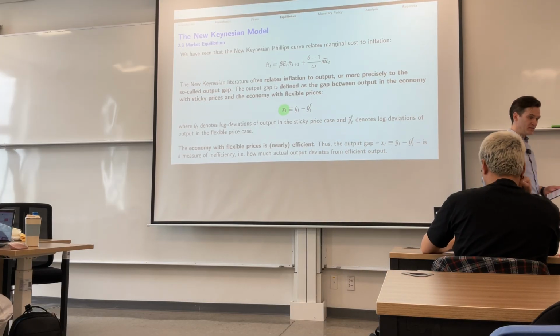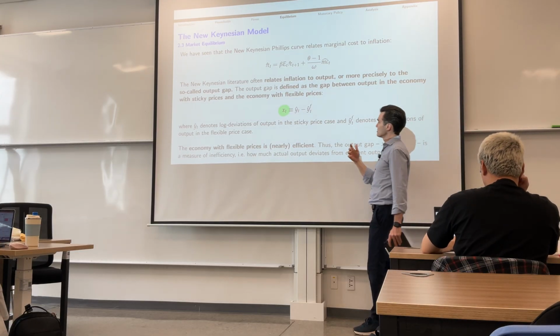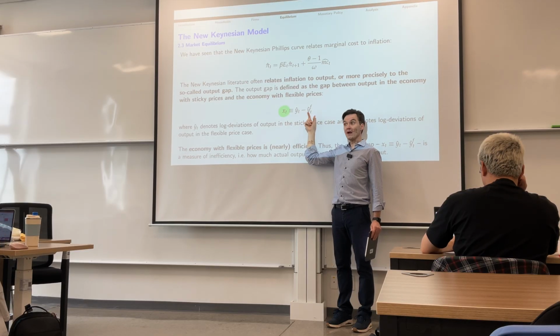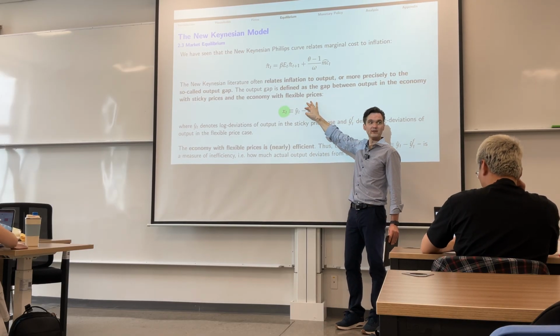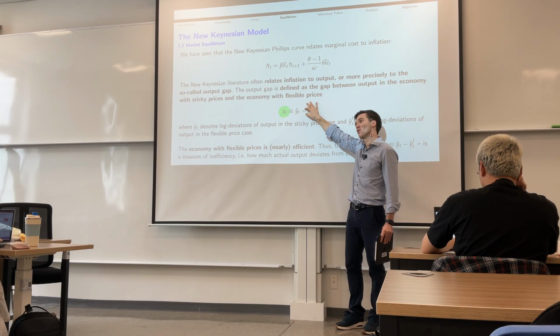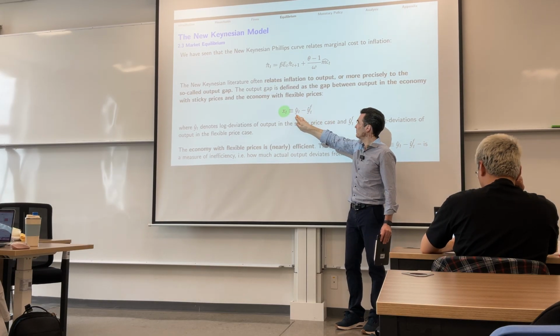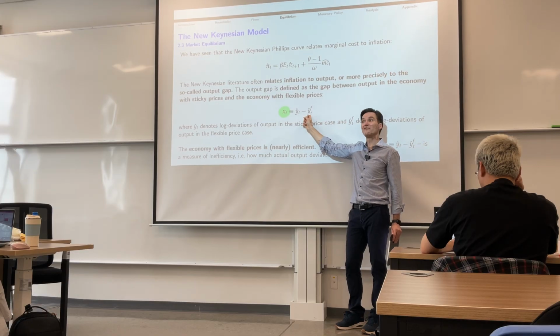And what we're going to see later on is, the central bank can ask, is there a way to make YT equal to YTF? In other words, if you know the efficient response of the Vietnamese economy, can the central bank design a monetary policy via its interest rate so that the Vietnamese actual economy has an allocation in terms of GDP that is identical to the efficient level of output?